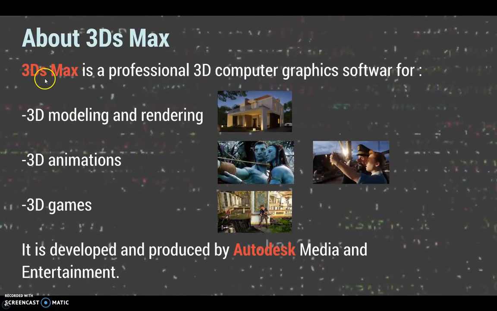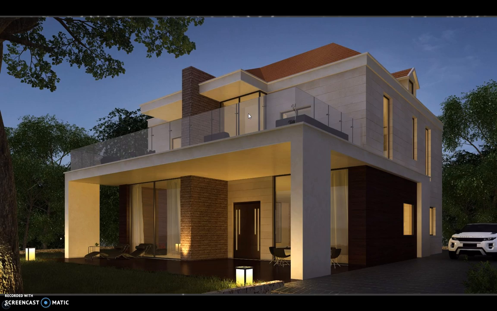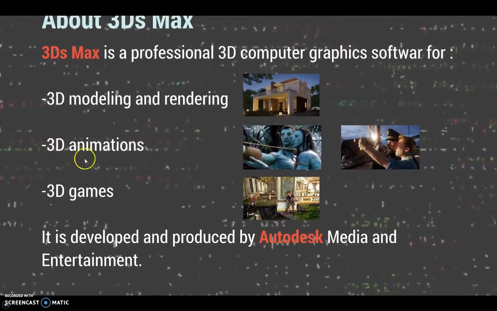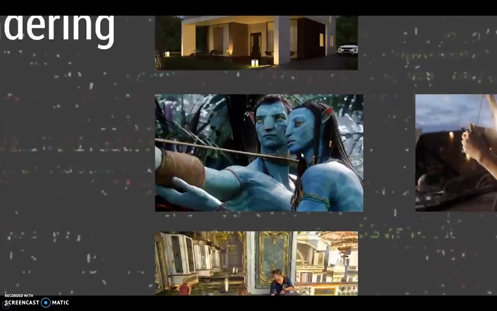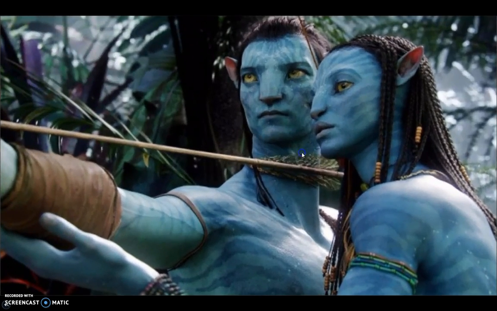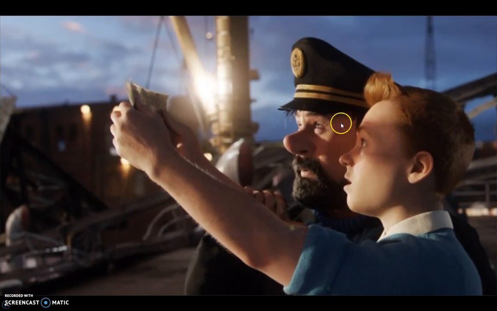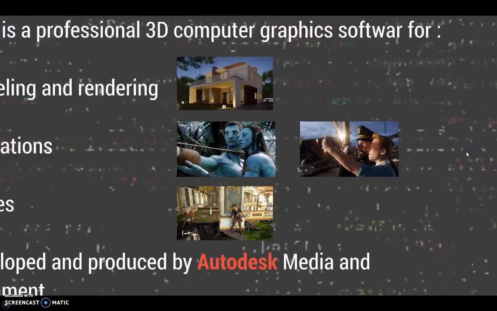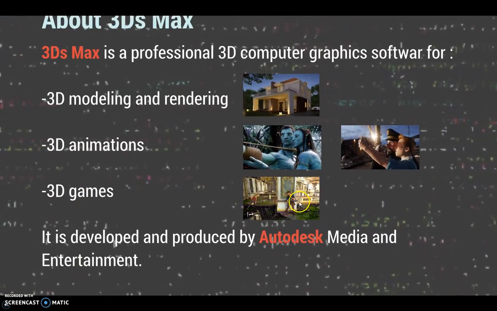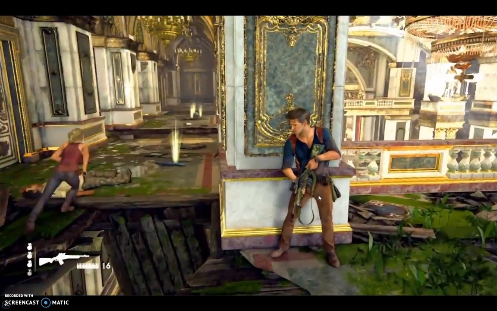3ds Max is a professional 3D computer graphics software used for 3D modeling, for 3D animations like the movie Avatar, like the series of Tintin, 3D animation movies, or for 3D games, as you see in this photo taken from a game.